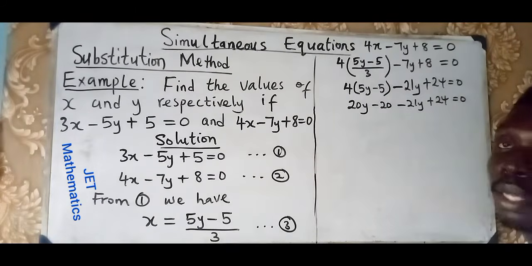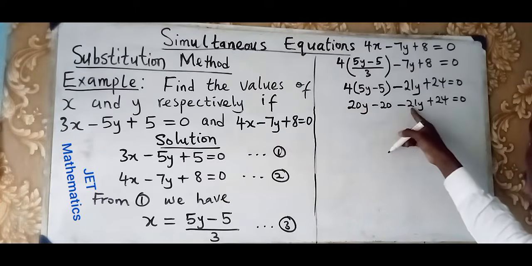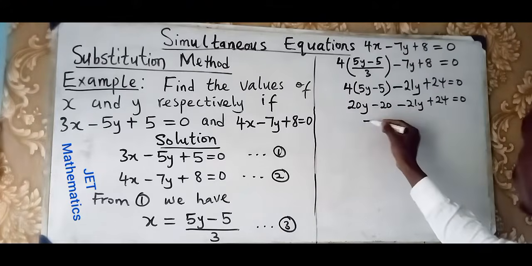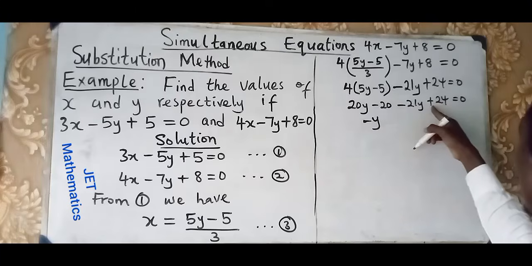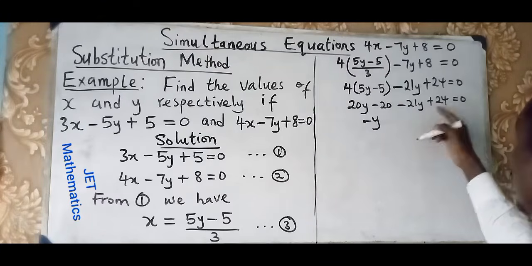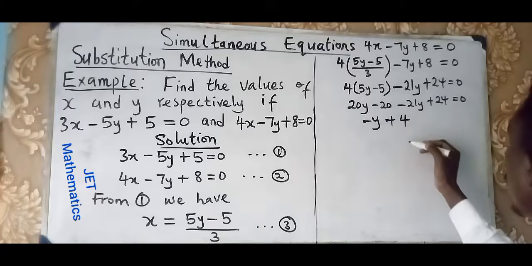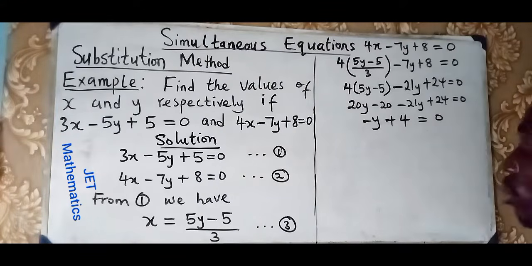So collecting like terms, 20y minus 21y gives us minus y, and then minus 20 plus 24 gives us plus 4, and this is equal to 0.